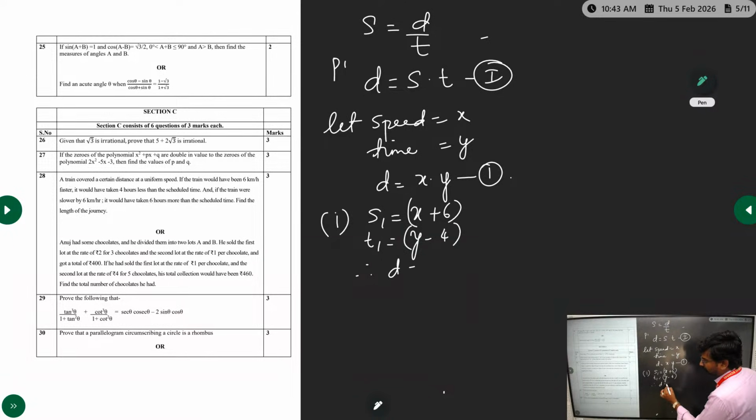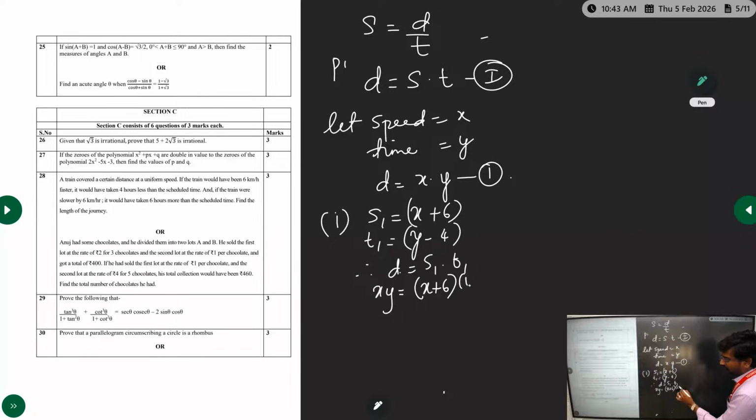Therefore d is equal to s1 into t1. What is the value of d here? x into y. Correct or no? Here we have done equation 1. I will write this as xy. What is s1 value? x plus 6.